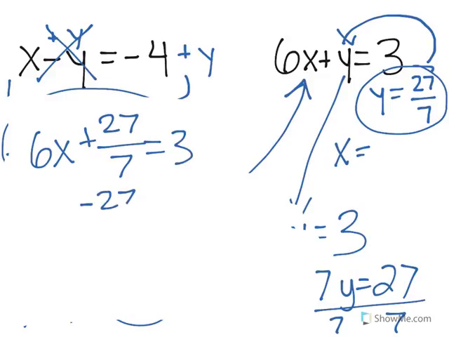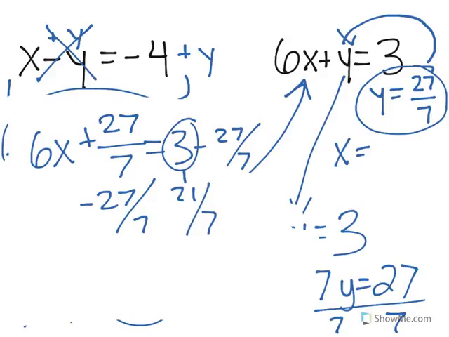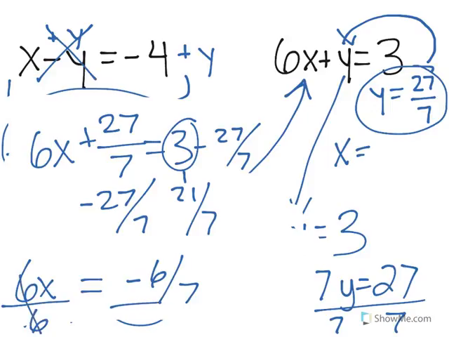We can subtract this from both sides. 3 is just 21 over 7, just to simplify. So we are left with -6 over 7 is equal to 6x. We divide both sides by 6, and we are left with x is equal to -1 over 7.